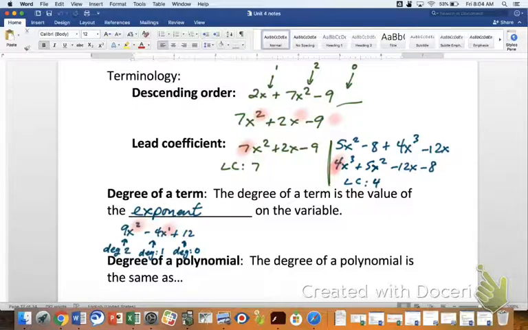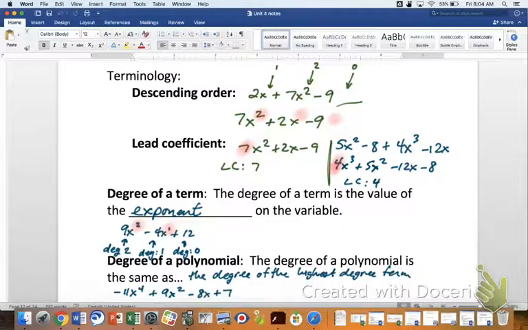Okay, and then finally, the degree of a polynomial. The degree of the polynomial is the same as the degree of the highest degreed term. Okay, so if I had negative 11x to the 4th plus 9x squared minus 8x plus 7, if I look at my degrees here, I've got degree 4, degree 2, degree 1, degree 0.